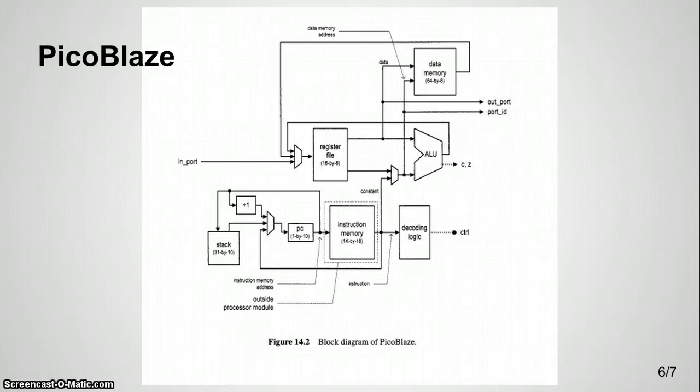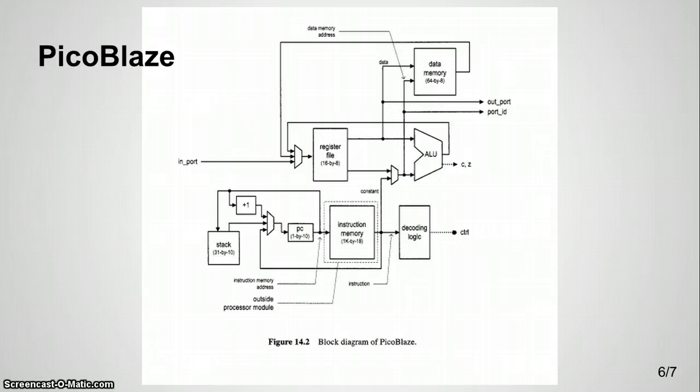An 8-bit port ID signal is used to identify a port. Thus, it can support up to 256 input and 256 output ports. There are 2 clock cycles per instruction and 5 clock cycles for interrupt handling. There is an added circuit for interrupt handling, yet this is not shown in this diagram. Handling interrupts will be explained in more detail in another video.